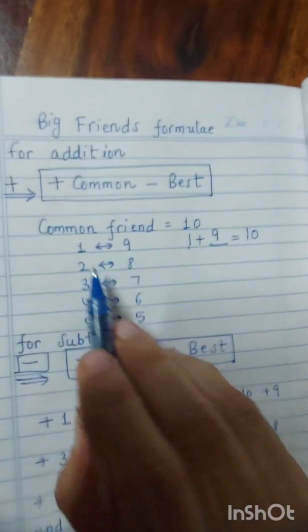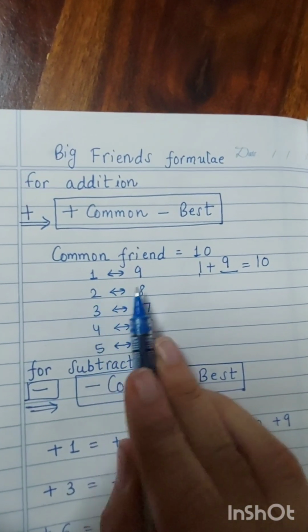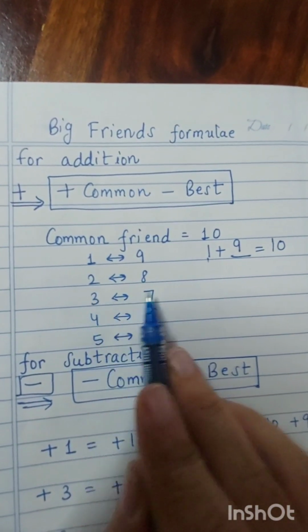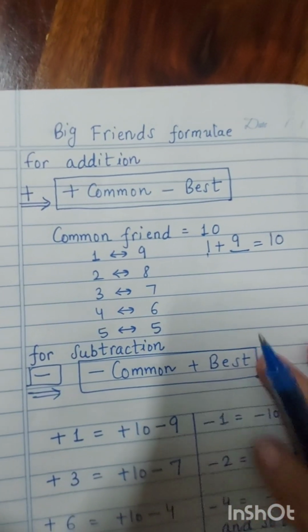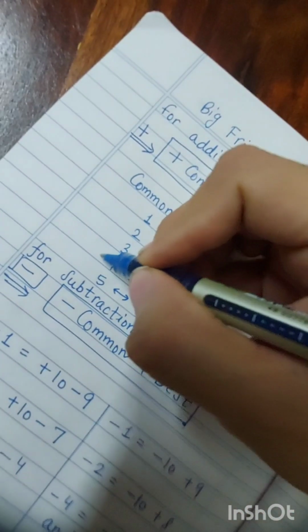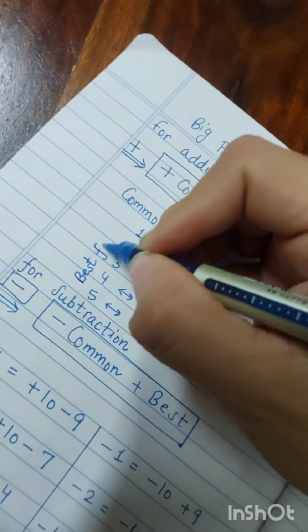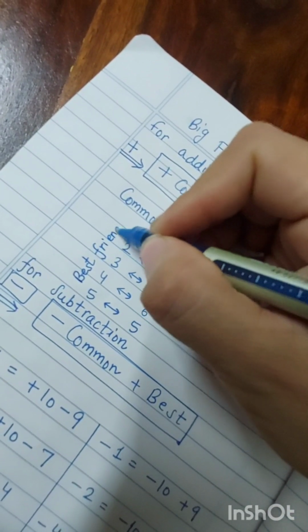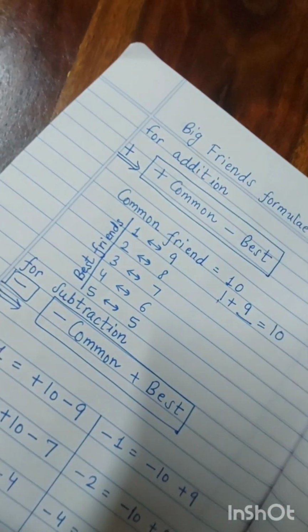So in this way 1 and 9 are the best friends, 2 and 8 are the best friends, 3 and 7 are the best friends, 4 and 6 are the best friends, 5 and 5 are the best friends. So all these are best friends in big friends.